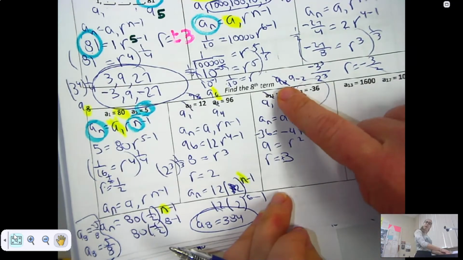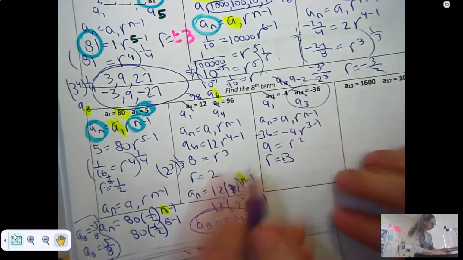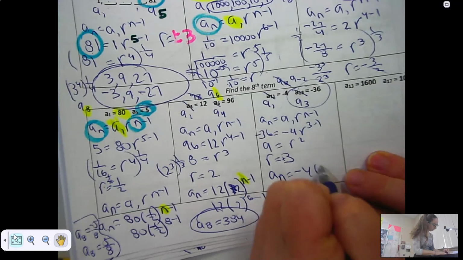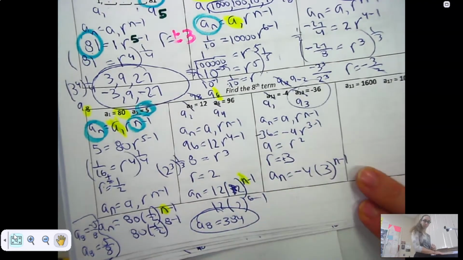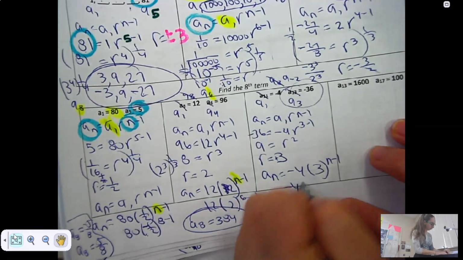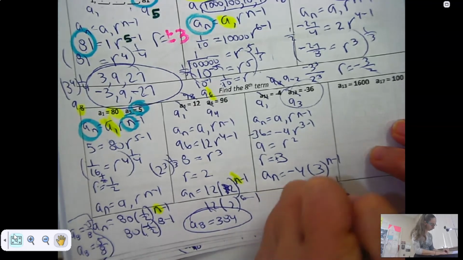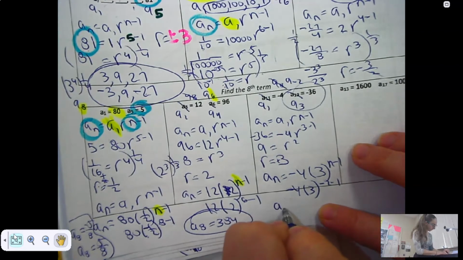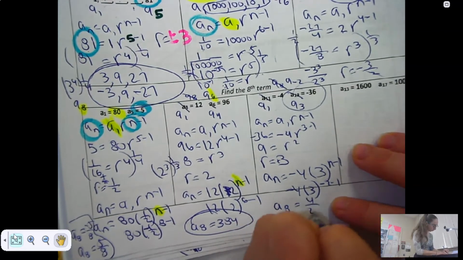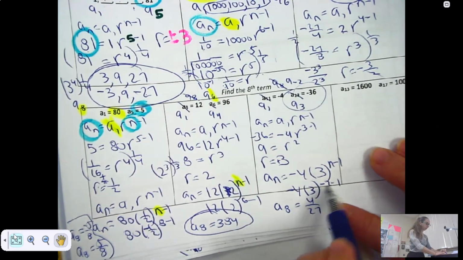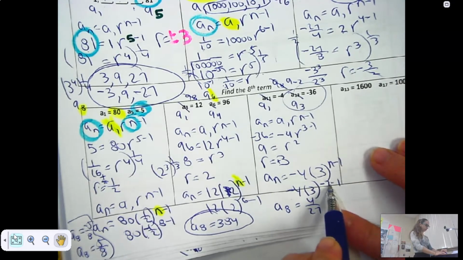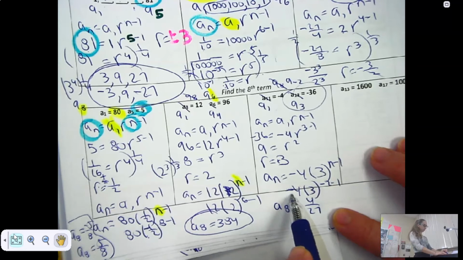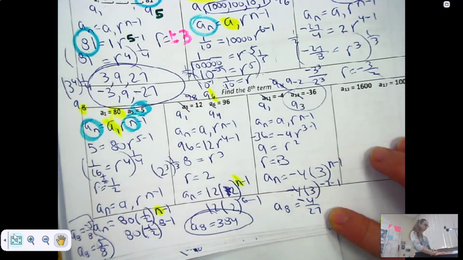Now, I'm not really finding the 8th term, I'm finding the -2 term. So let me write the generic formula. -4, 3 to the n minus 1. -4 times 3 to the -2 minus 1. So a sub 8 equals 4/27, because 3 to the -3rd is 1/27, you bring it to the bottom, and that should be negative.